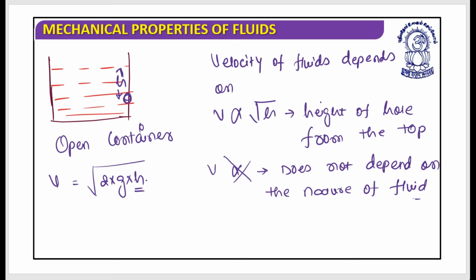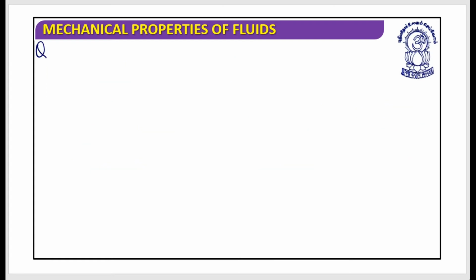It knows only the height from the top. I hope this is clear. Is it clear? So V is directly proportional to the root of h. Is it clear up till now? Do you have any doubts? No? So now ready for the questions? Let's have a look.